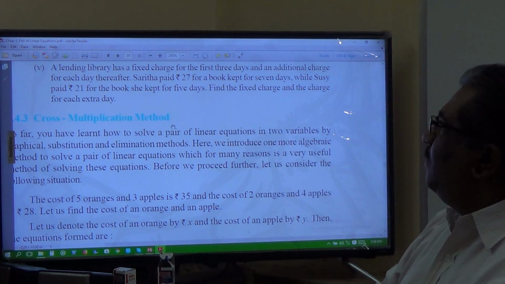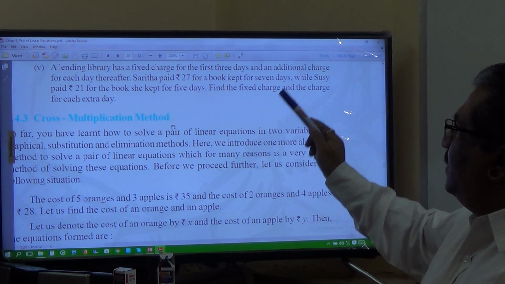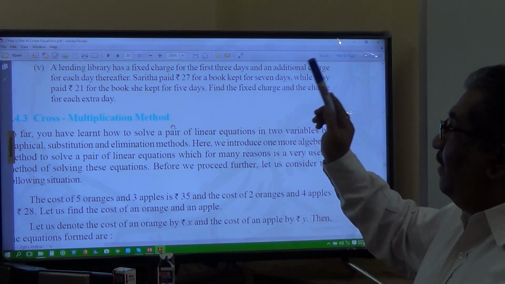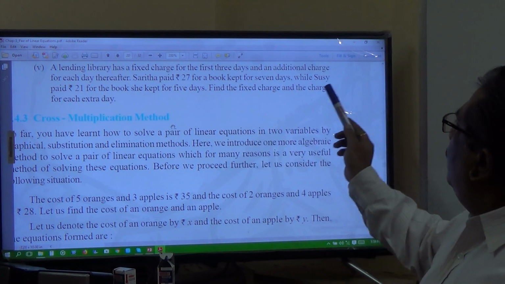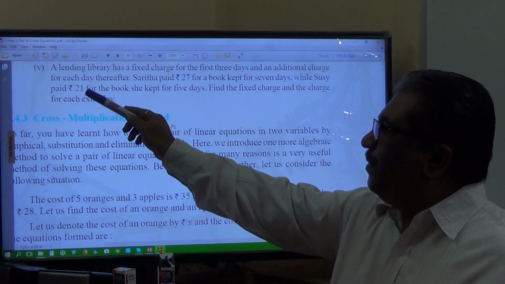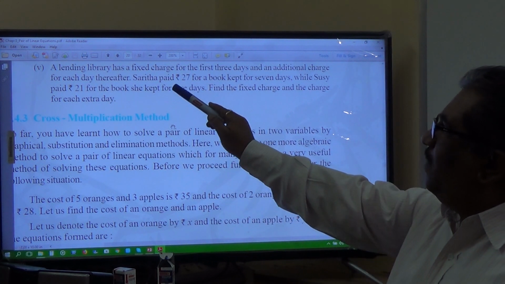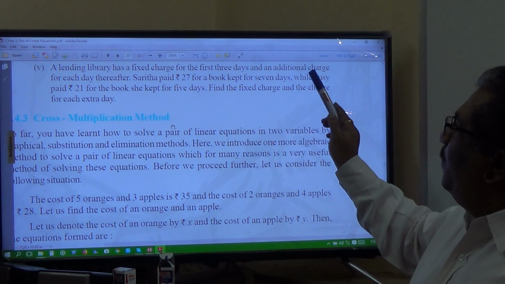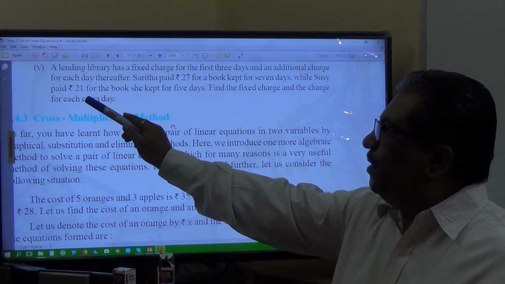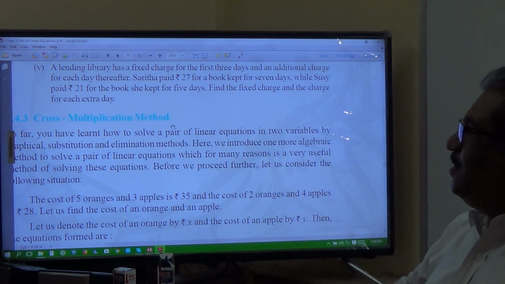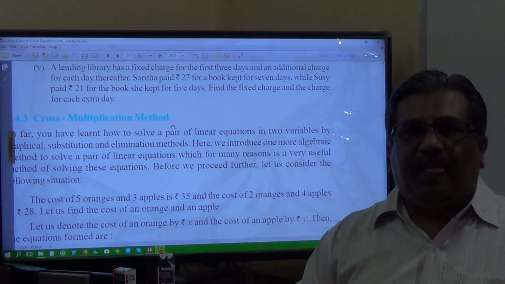Sarita paid rupees 27 for a book kept for 7 days, while Susie paid rupees 21 for the book she kept for 5 days. Sarita pays rupees 27 for 7 days, whereas Susie pays 21 for 5 days. Find the fixed charge and the charge for extra each day.